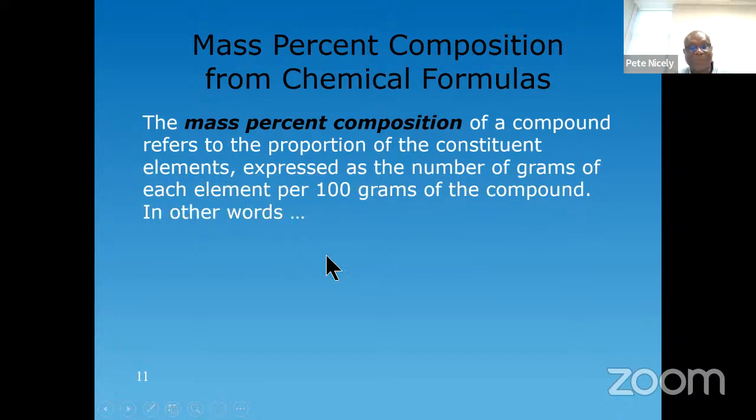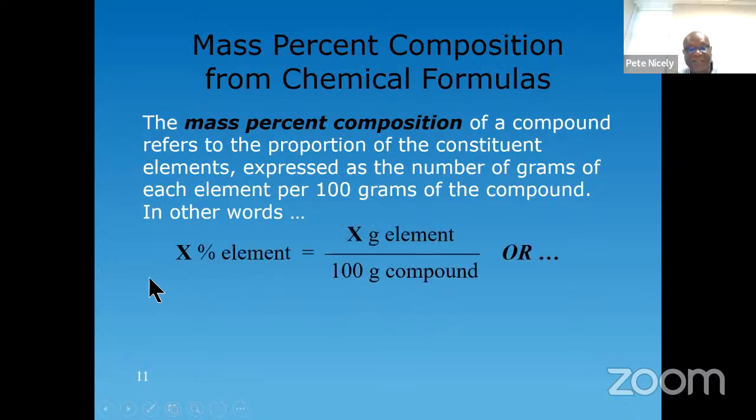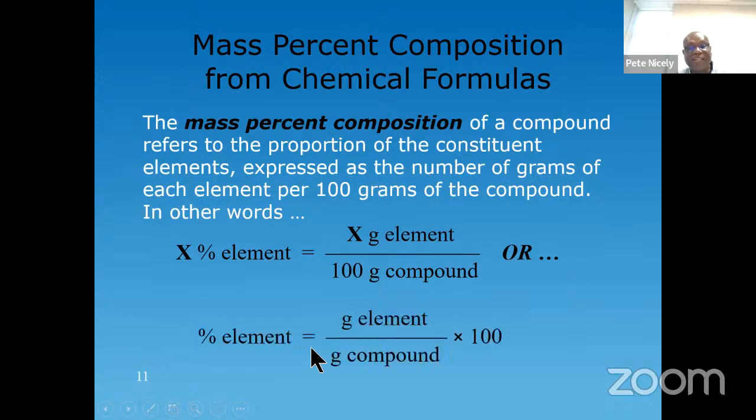Mathematically, we can express it as the mass in grams of that element divided by 100 grams of the compound. Or alternatively, we can take the mass of the element divided by the mass of the compound and multiply that by 100%, and that will give you the percentage of that element in the compound. We can easily do that if we know the formula for the compound.